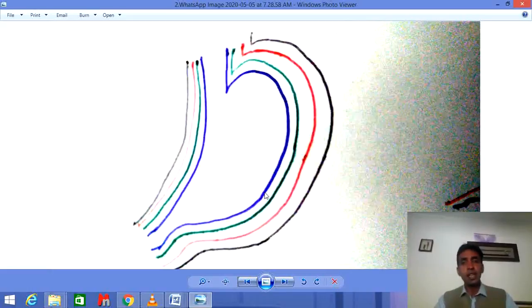The most important thing about the mucosa is that the gastric glands are present in this layer, and the gastric glands are responsible for various digestive functions of the stomach.